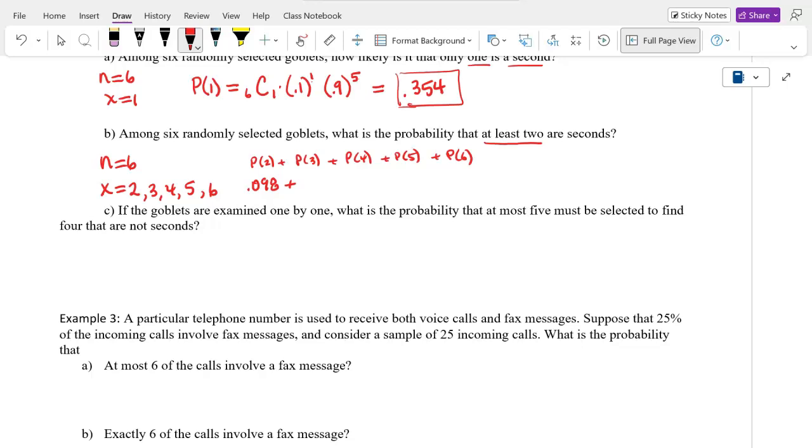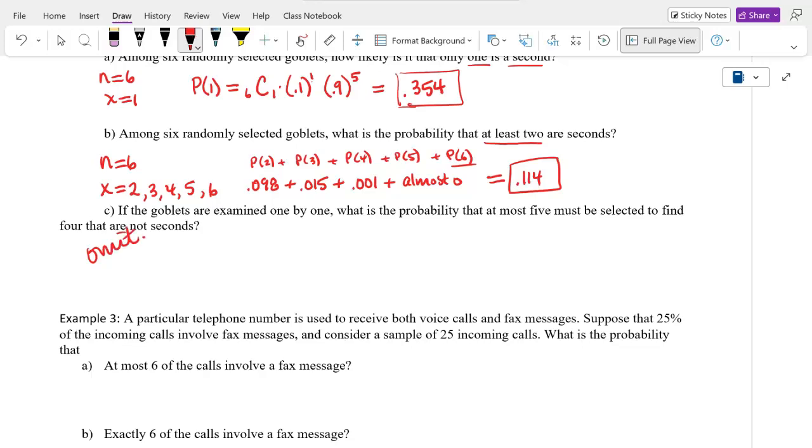Using my table, the probability of 3 is 0.015. Probability of 4, 0.001. Probability of 5. Now at this point, it gets so small that the answer is almost 0, and they don't even show that one because it is also almost 0. We add them together. Our answer is 0.114. Remember, almost 0 and almost 1 are viable answers.